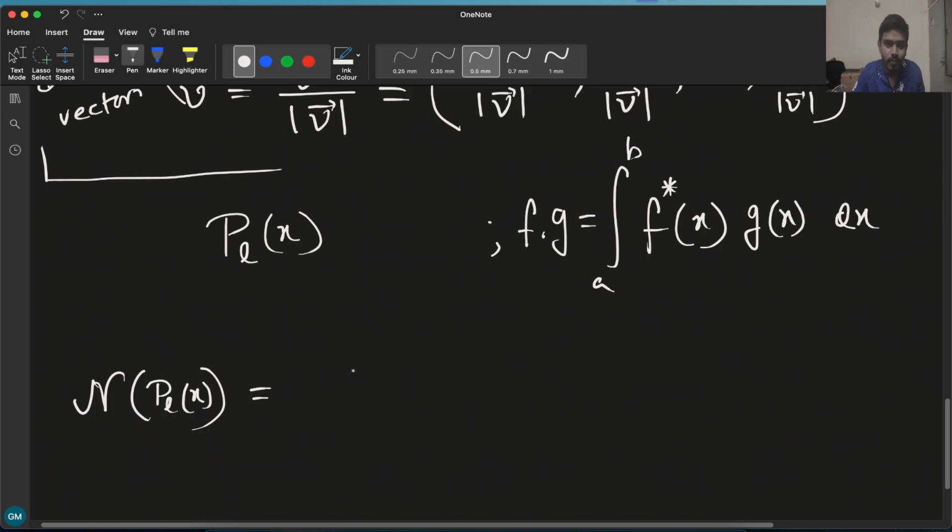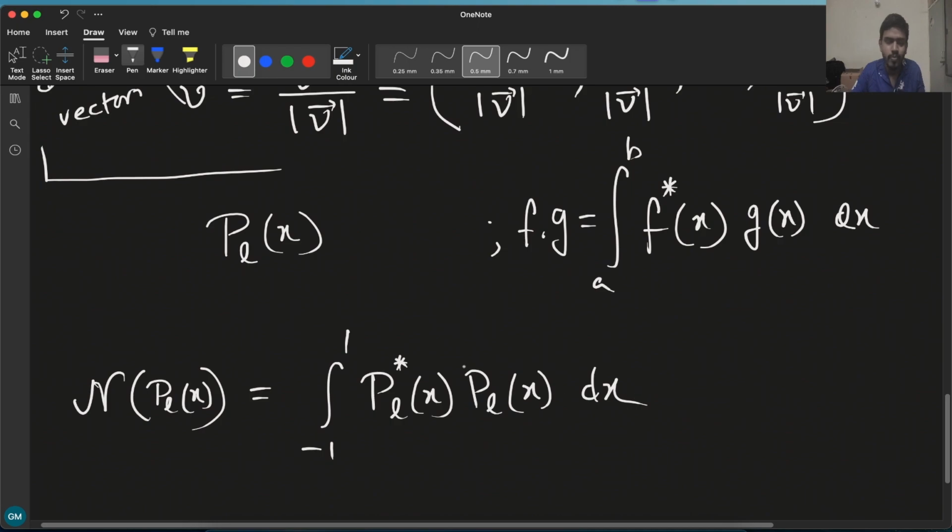That means from -1 to 1, P_l(x) star P_l(x) dx. Okay, and this star is basically complex conjugate.